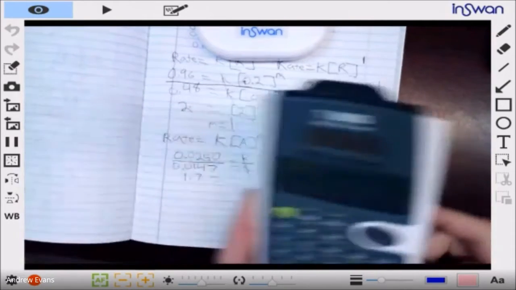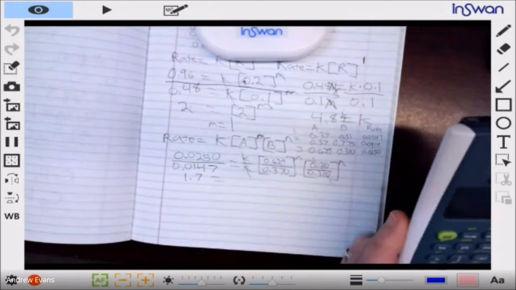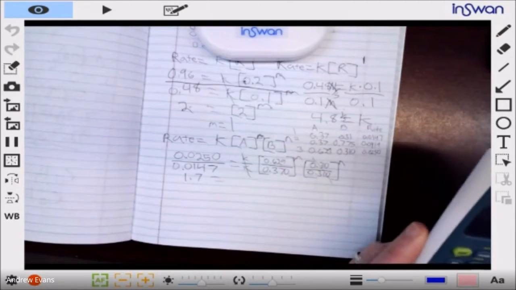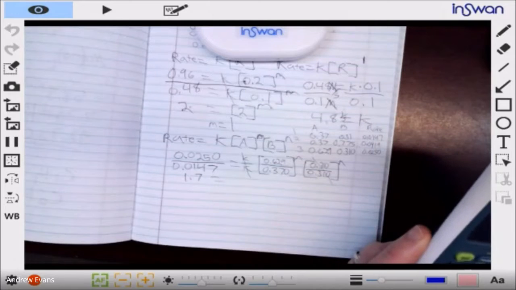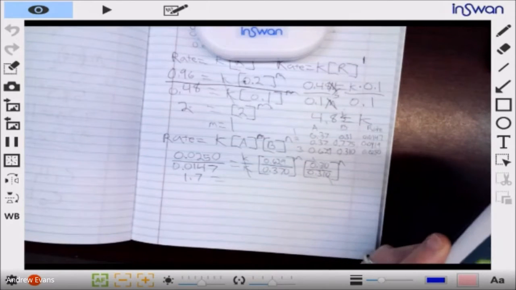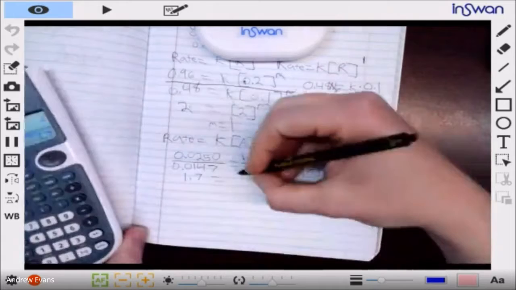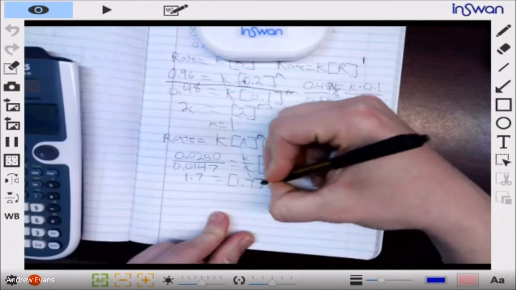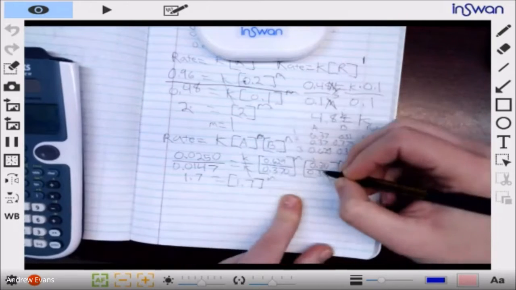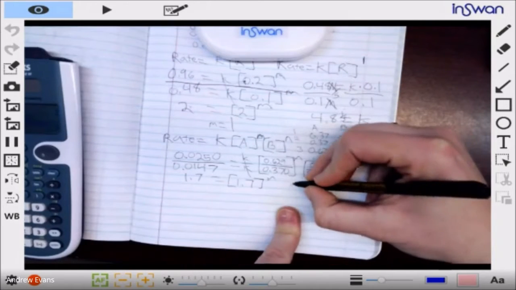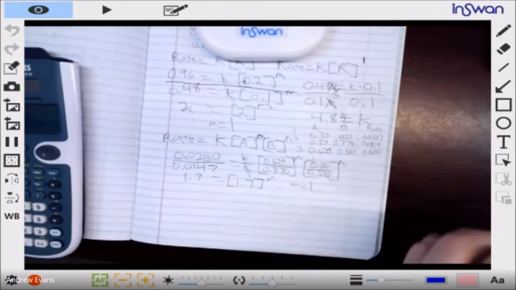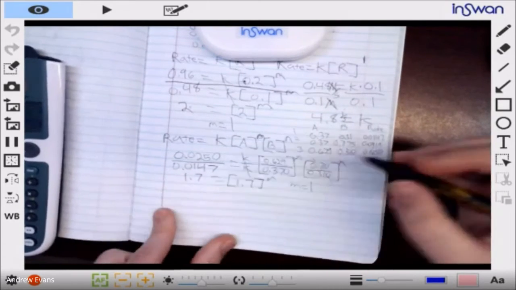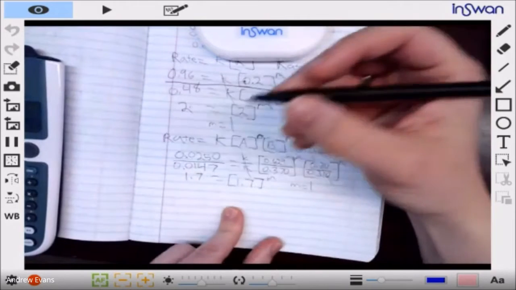The concentration change, 0.629 over 0.37, is 1.7. So M must equal 1.